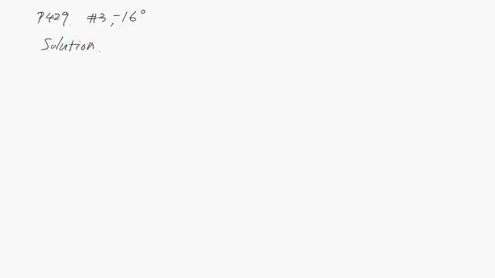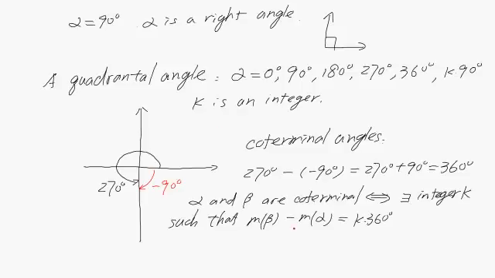We know any angle which is coterminal with this given angle can be expressed as negative 16 plus k times 360 degrees. Actually, let's go back to the last page. You see here, I say alpha and beta are coterminal if and only if their difference is equal to k times 360.